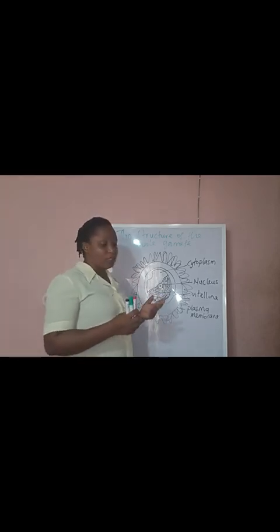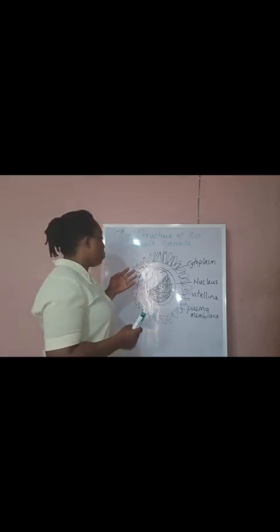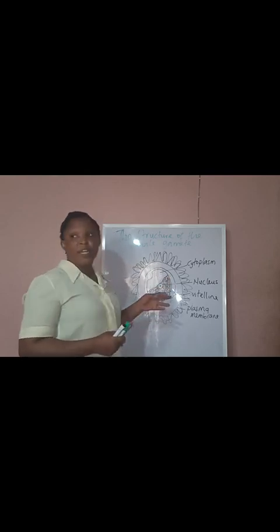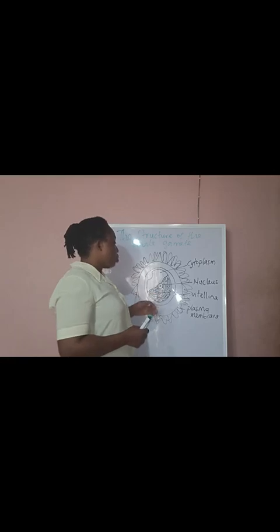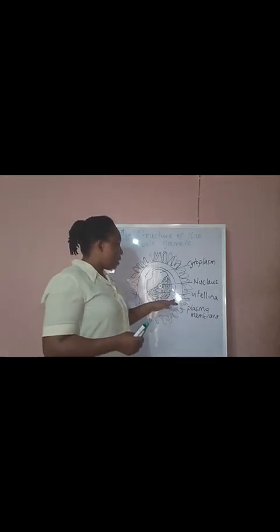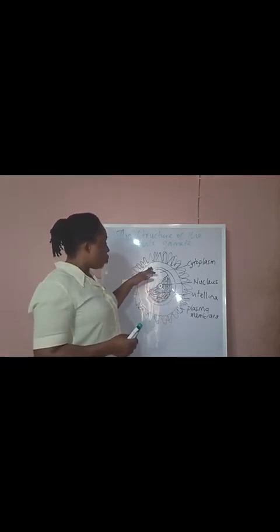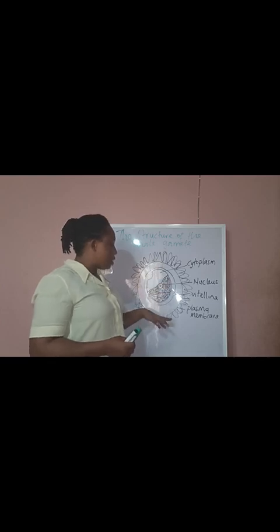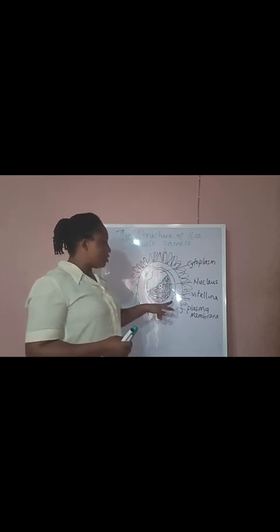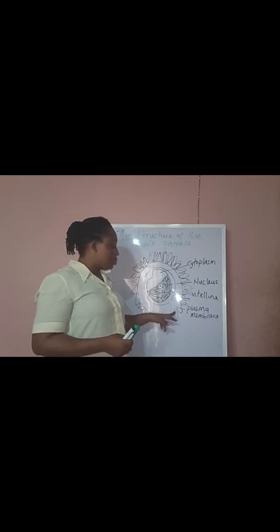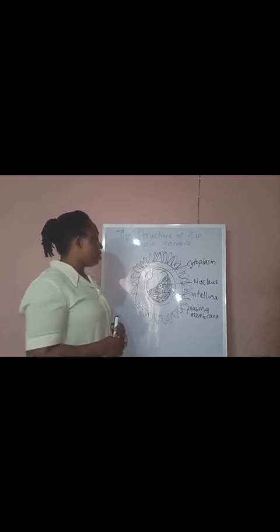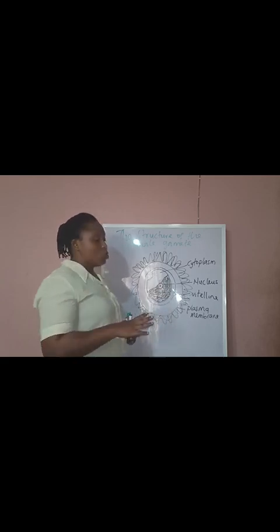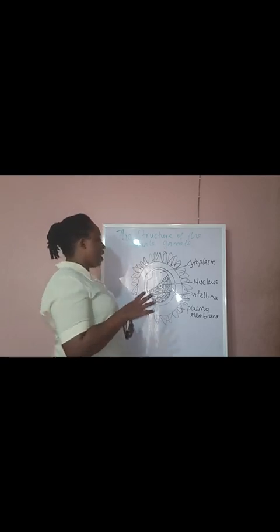This cytoplasm contains yolk, which provides nourishment for the embryo, especially at the embryonic stage. Also we have structures that surround the cytoplasm. We have the membrane: the inner membrane called the vitelline membrane, and the outer one called the plasma membrane. This membrane surrounds the egg to protect it.